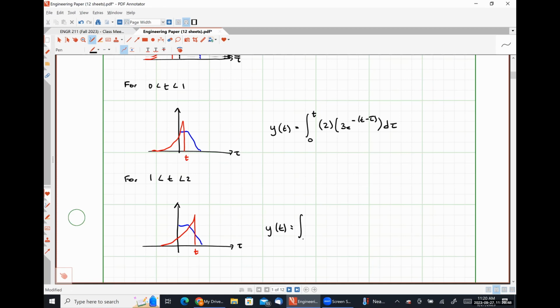So this is going to look like the integral from 0 to 1 of 2 times 3e to the negative t minus tau d tau, plus the integral from 1 to t of negative 2 times t minus 1 plus 2, multiplied by 3e to the negative t minus tau, excuse me, d tau. Does that make sense?